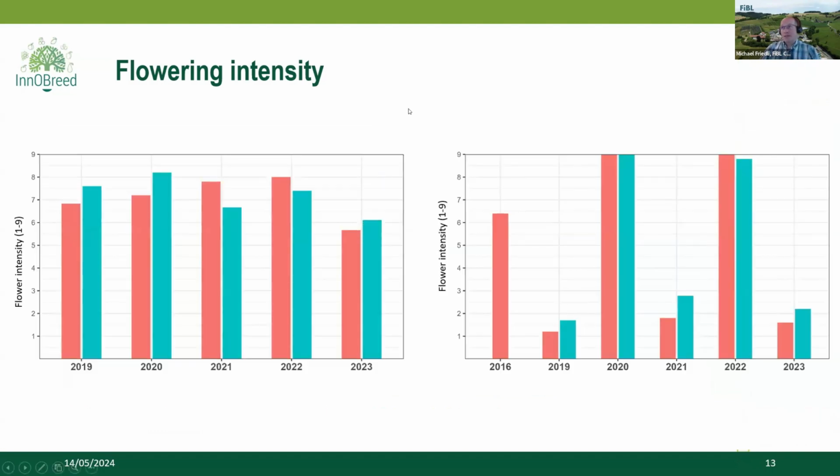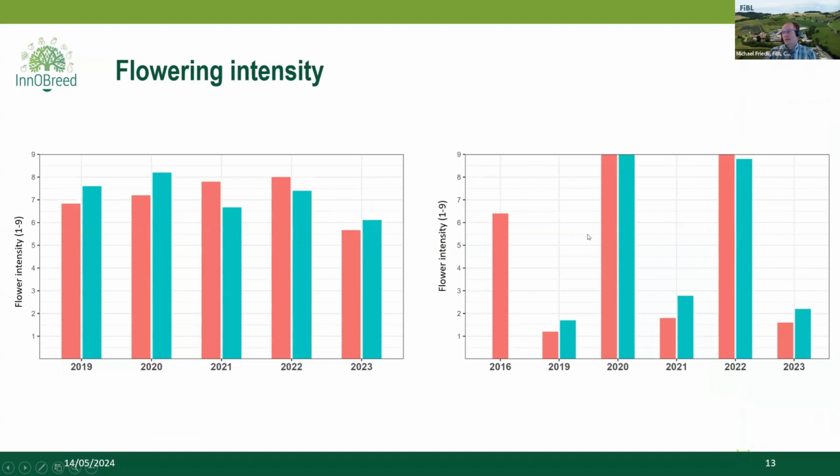So on this slide, you can also see some examples. These are some real examples from our variety testing sites. On the left-hand side, you can see a variety with a quite regular bearing habit. So you can see here the scale from 1 to 9. And in all the years, more or less a 7 or around a 6 was given to this variety.